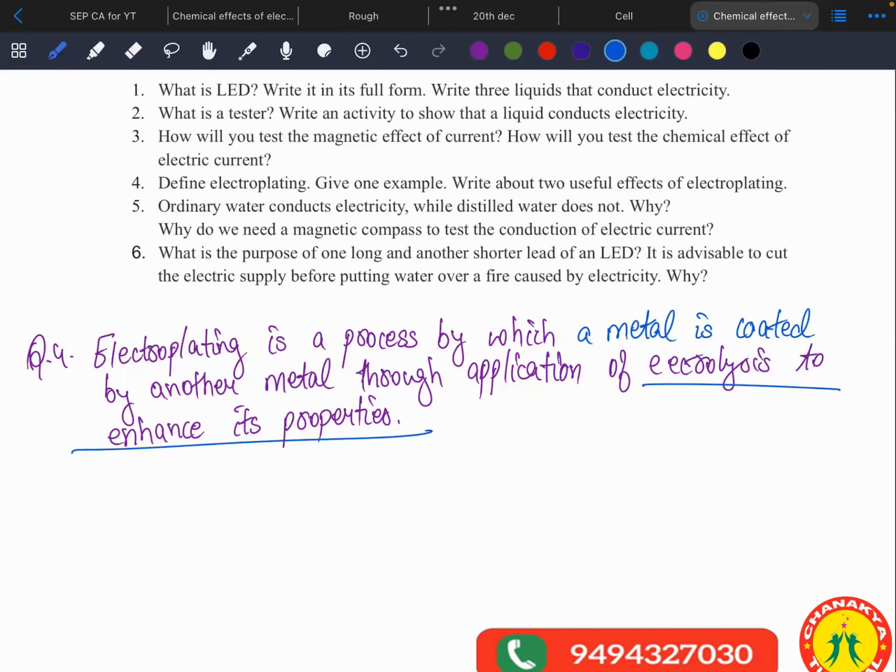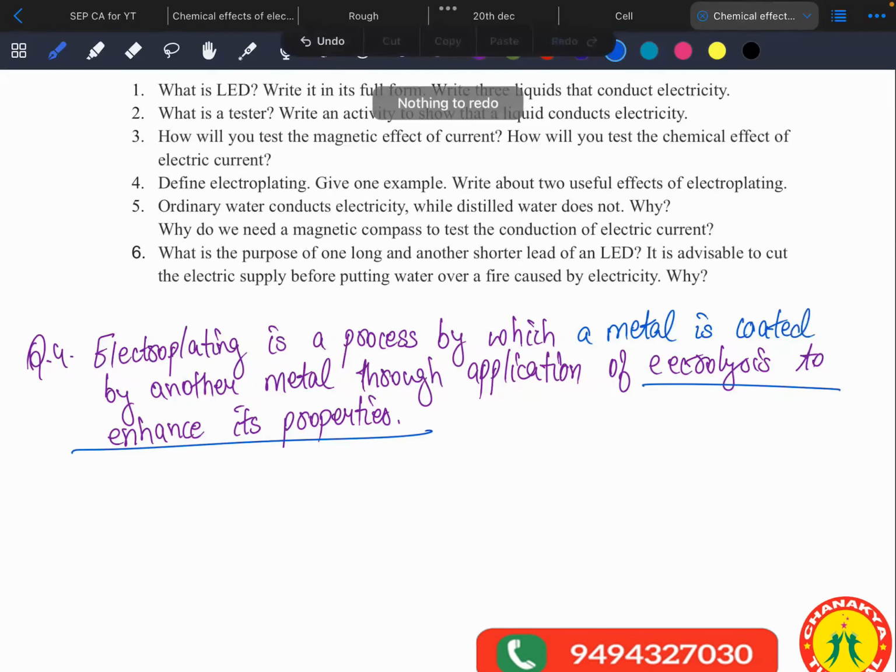Why are we doing it? We are doing it so that we can stop a material from getting depleted, from corrosion, from rusting. Like I have given multiple examples in the last class, we use electroplating to save and enhance the properties of a material.